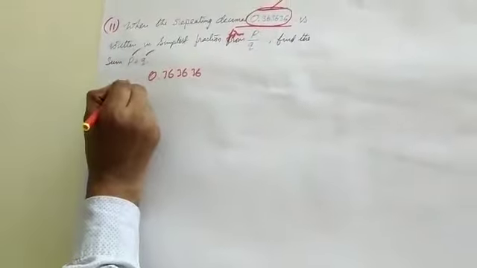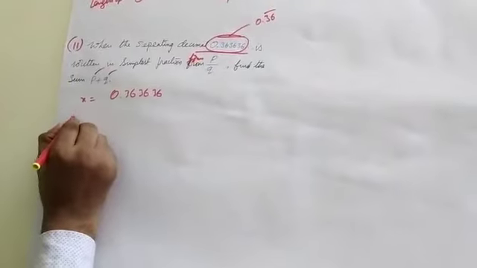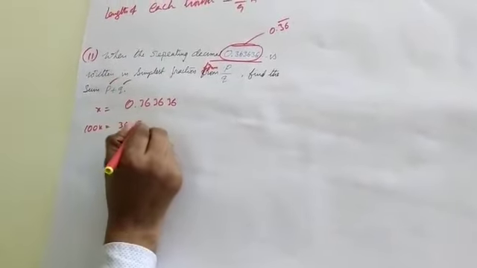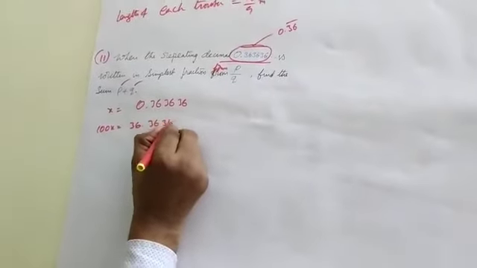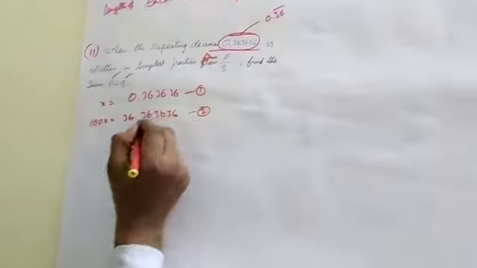See, therefore x is equal to 0.363636. Multiply with 100 on both sides. That means 100x is equal to 36.363636. Equation number 1, equation number 2.